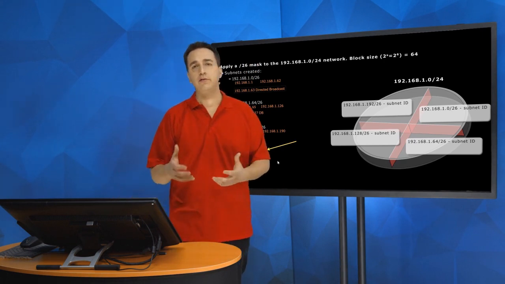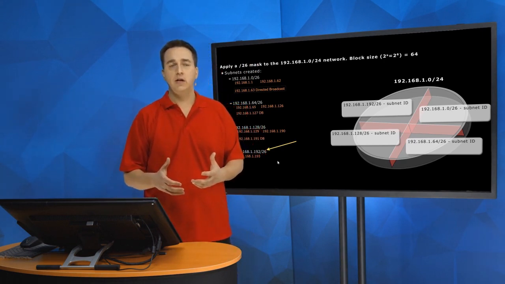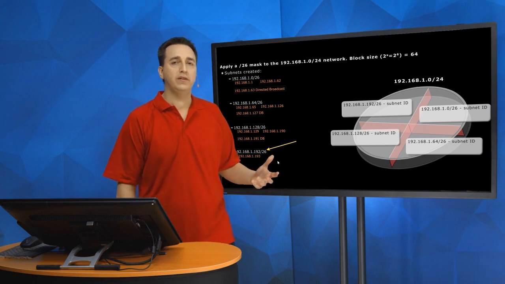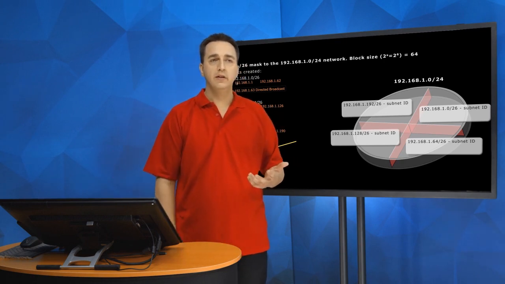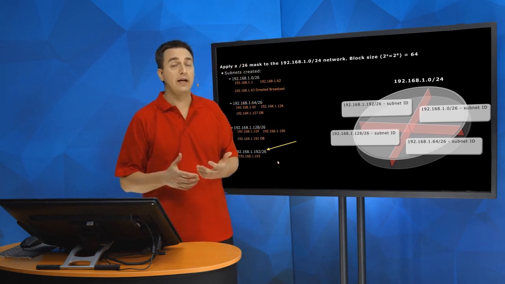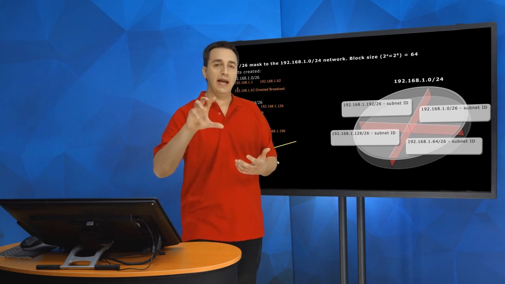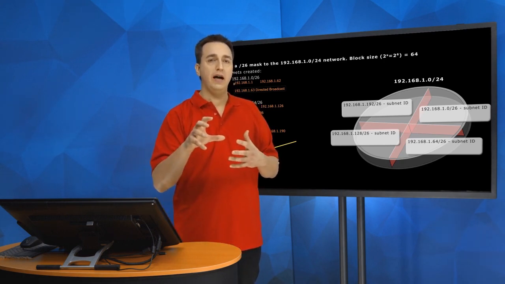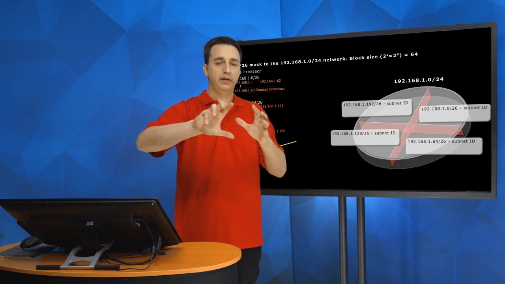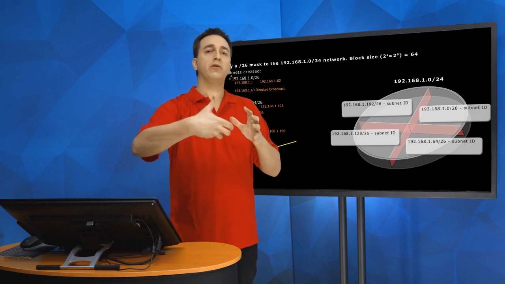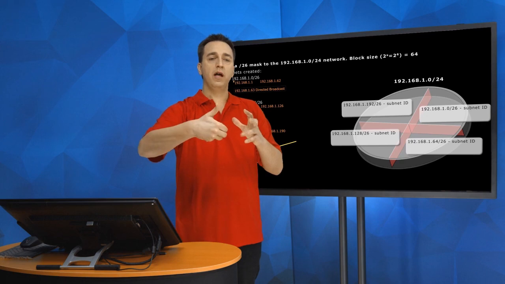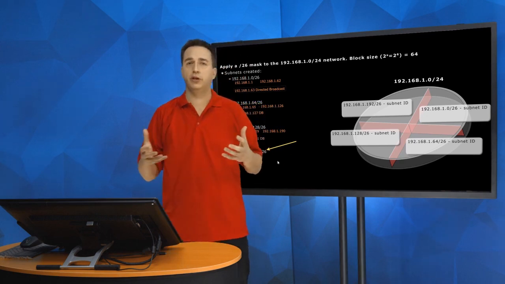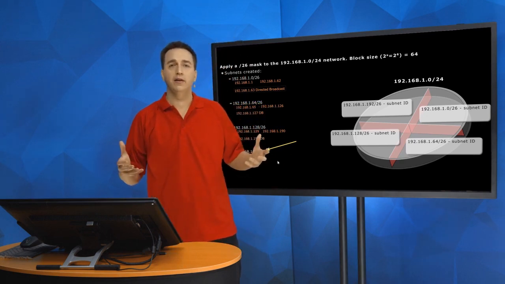Well, that's 256. Can I have a value of 256 in the fourth octet? The answer to that is no, I can't. So if I can't have 256, and the highest value you can have is 255, 256 actually becomes what? It becomes 0, doesn't it? Think about your odometer in your car or your truck or your van, whatever you drive.